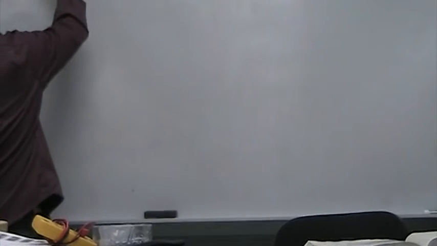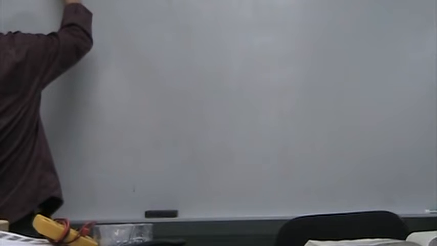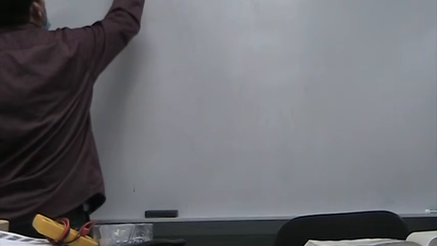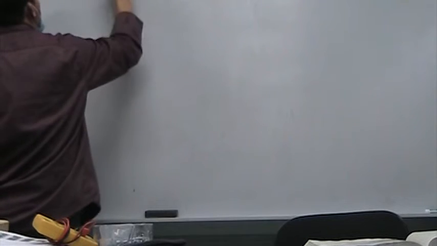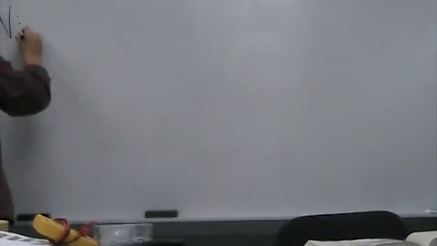Watch this. This is a 5 kilogram object going this way at 3 meters per second. This is a 2 kilogram object going this way at 4 meters per second. I want to know the velocity if they collide inelastically.